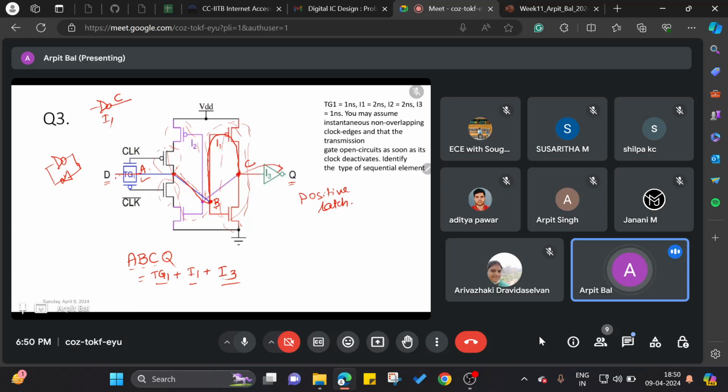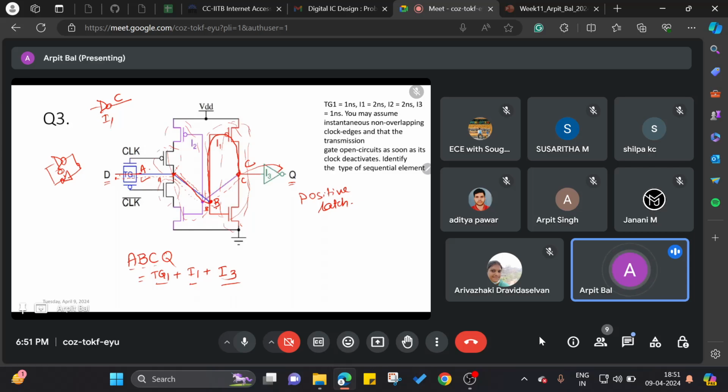The data is available here, it will go to point A, then to point B, then to point C. But I want the data to be stored within this point, so it has to cross I2 as well.